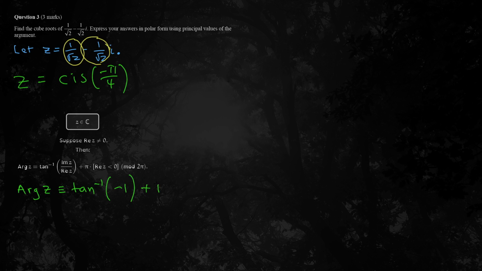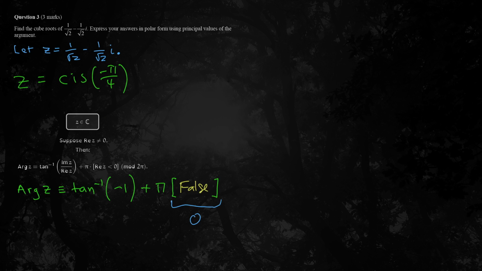plus, now it's plus pi times this Iverson bracket. And the question is really whether real of z is less than 0. So just looking at the real component, it's clearly not. And so we can put false in here. And so what that tells us is that this is actually 0.